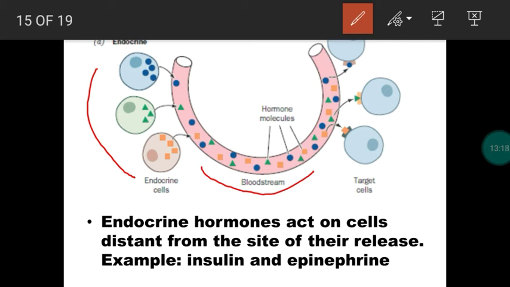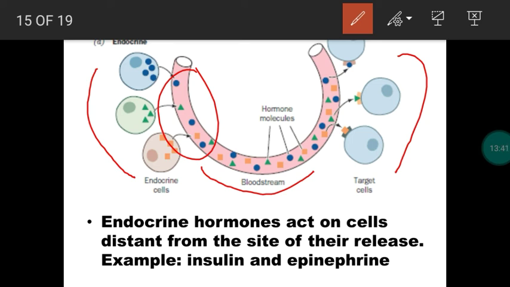So these hormones are called endocrine hormones. These hormones are going to act on these cells. So these are called target cells.